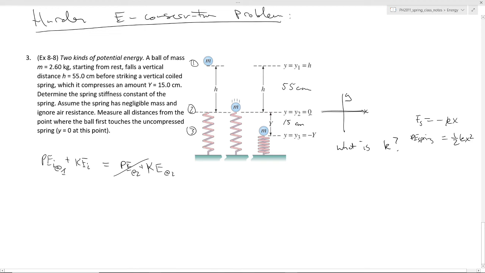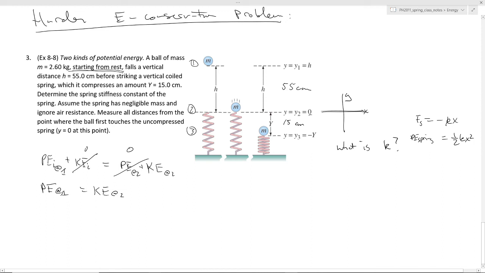And if we're starting from rest, then the kinetic energy initial is going to be 0. So in other words, we've made a statement that the potential energy at 1 is going to equal the kinetic energy at 2.